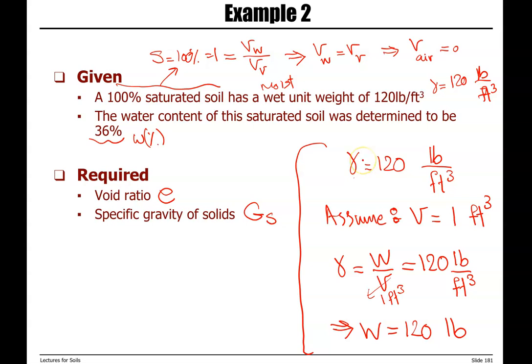We know that the moist unit weight is 120 pounds per cubic feet. In order to make the calculations easier, we assume that we are doing the calculation for a unit volume, a volume of 1 cubic feet, and for 1 cubic feet, weight of soil is 120 pounds.